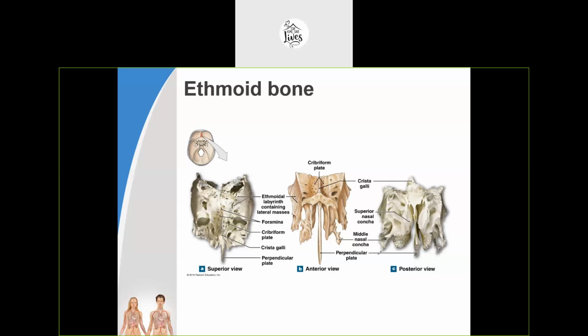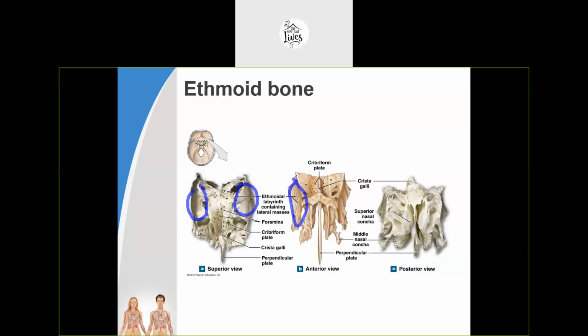On each side of the perpendicular plate, there is a delicate ethmoid labyrinth. Like we see here on the lateral masses, these are the ethmoid labyrinth. They contain the ethmoid air cells, making up the ethmoid sinus. Again, this is an air-filled cavity found within the bone.